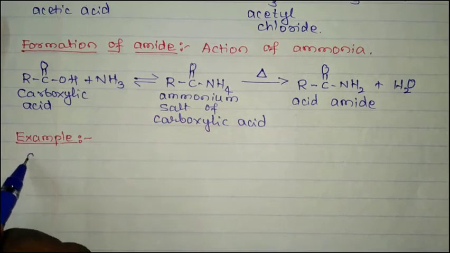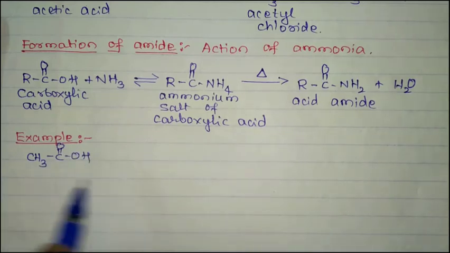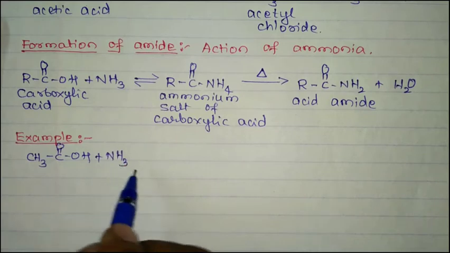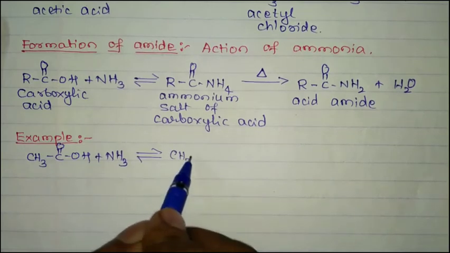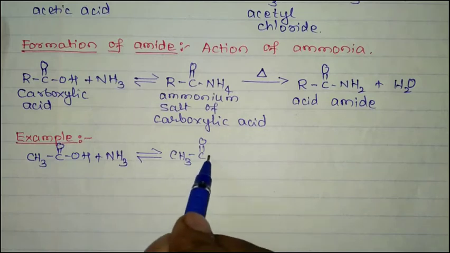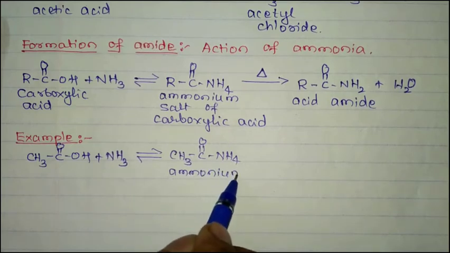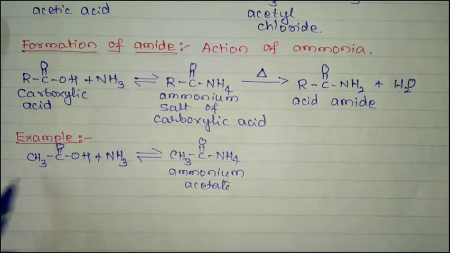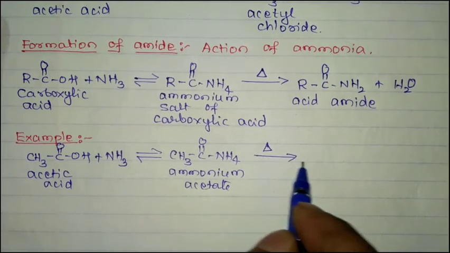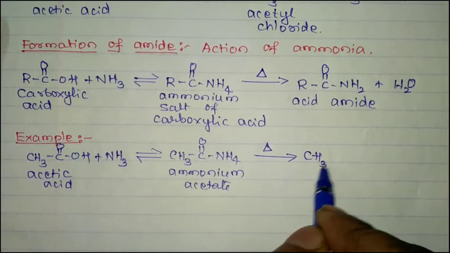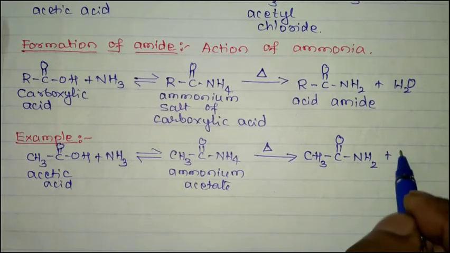When acetic acid, CH3COOH, reacts with, or is neutralized with, ammonia, you are going to get ammonium salt of acetic acid, that is ammonium acetate, CH3COONH4. This is ammonium acetate, which on heating loses a molecule of water and you are going to get acetamide, an acid amide, CH3CONH2, plus H2O.